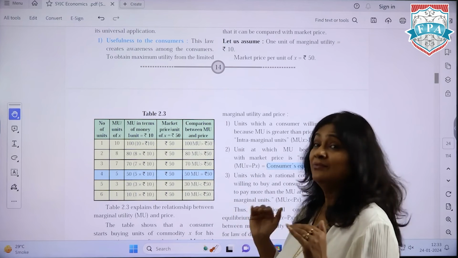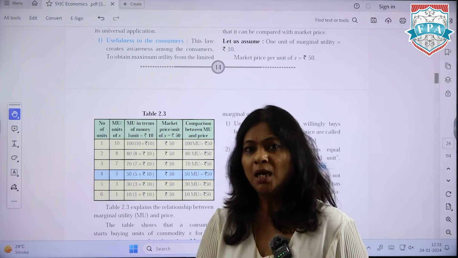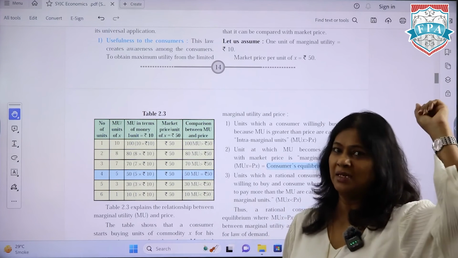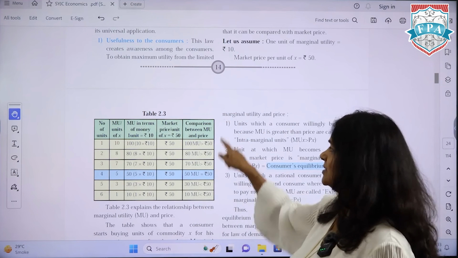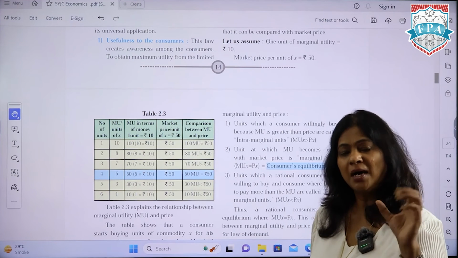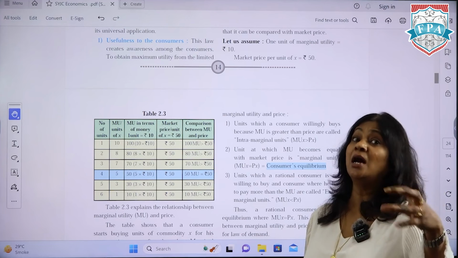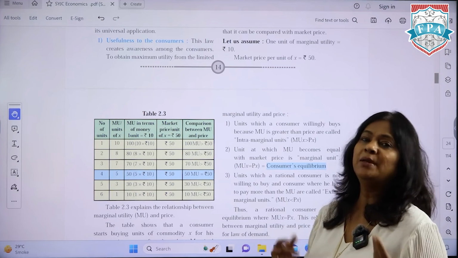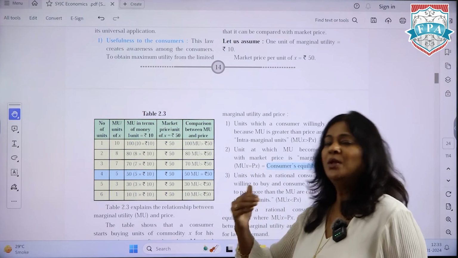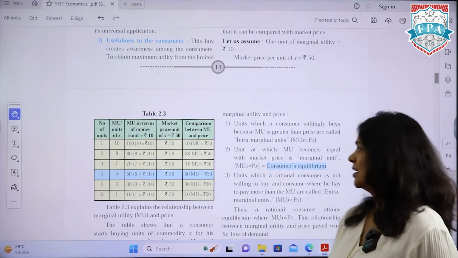Yeah, this is the time when a consumer would not be ready to buy one more unit till the time you reduce the price. Now this you will understand when I'll be teaching you law of demand. So do you understand the relationship between market price and the marginal utility? So if at all you can give marginal utility a value, a price, you will be able to understand till when will the consumer be ready to buy at that particular price which is existing in the market?